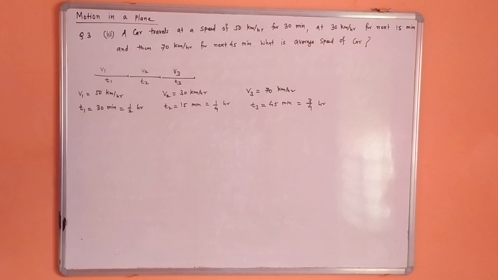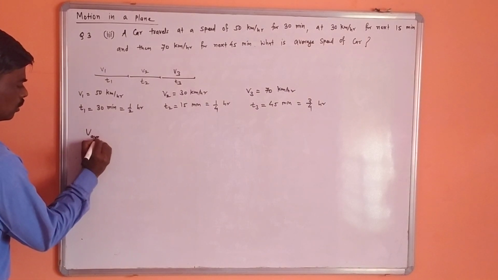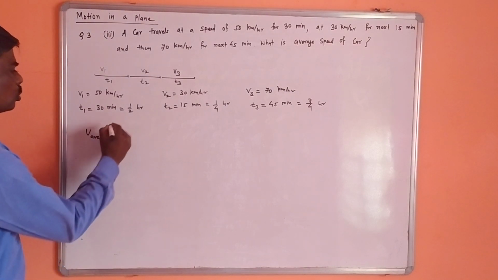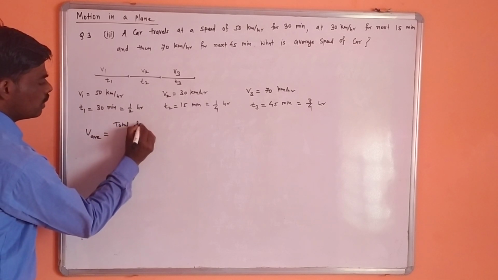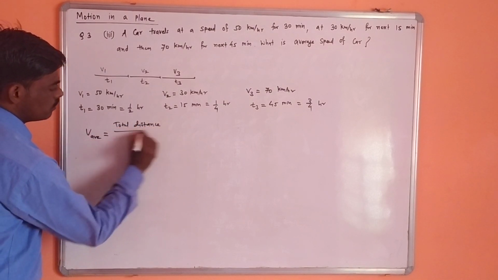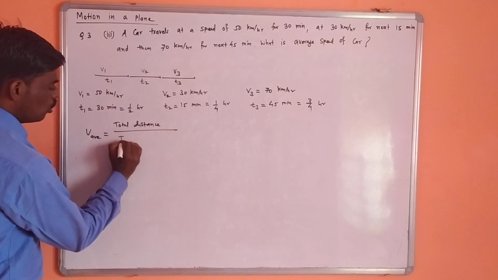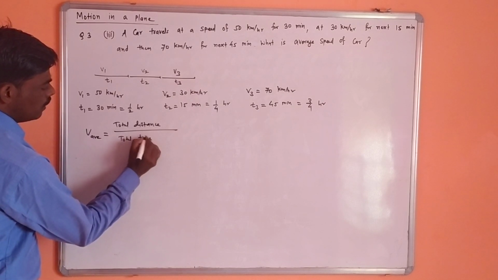So we have to find the average velocity. What is the formula for average velocity? Total distance covered by a body, here the car, divided by total time.